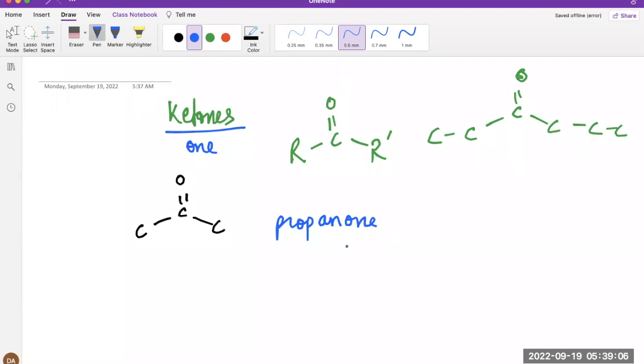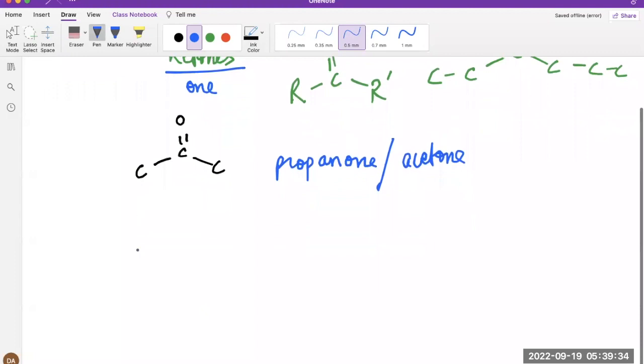Now, this molecule right here, guys, is a very, very common molecule. Its common name is acetone. It's so common that you should actually know that name, and you should know that propanone is called acetone, okay? All right. So when it comes to the ketones, let's do some more examples.